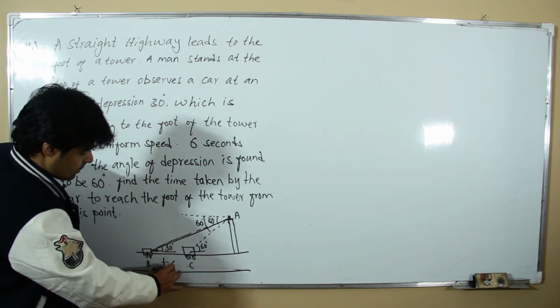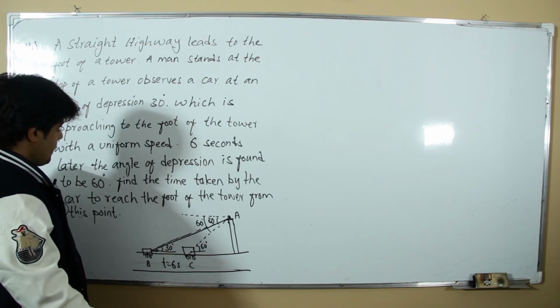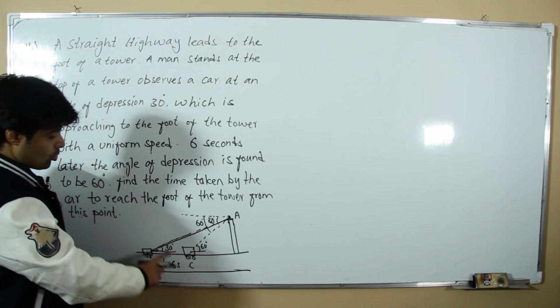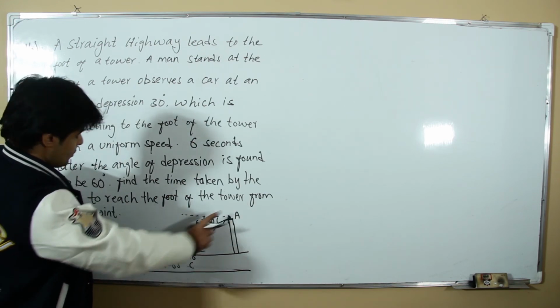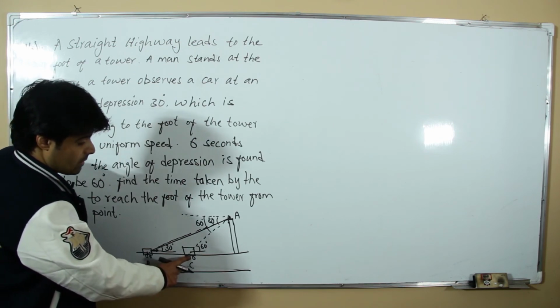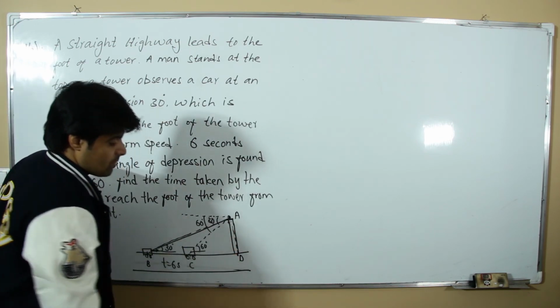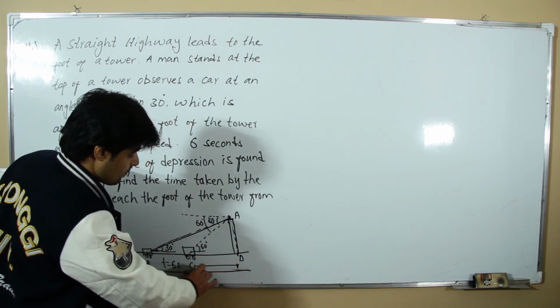Time is 6 seconds. Now the question is, how much time does the car take to reach the foot of the tower from this point up to this part, which is D, the foot of the tower? How much time does it take?